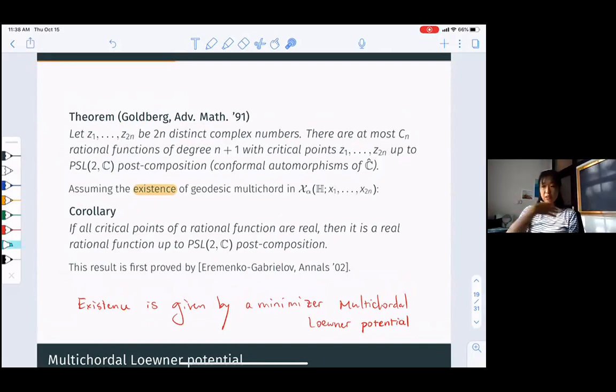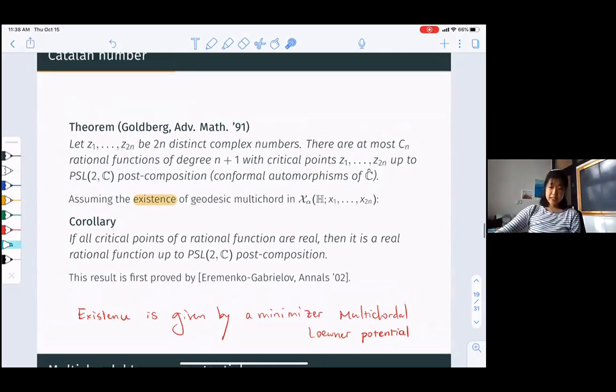So we already find all of the Catalan number of equivalence classes of rational functions. And moreover, in our case, we are looking at the case where the critical points are all on the real line. So as a consequence, we show that if all these points are on the real line, then the number is not only bounded by Cn, but you actually obtain a Catalan number of rational functions.